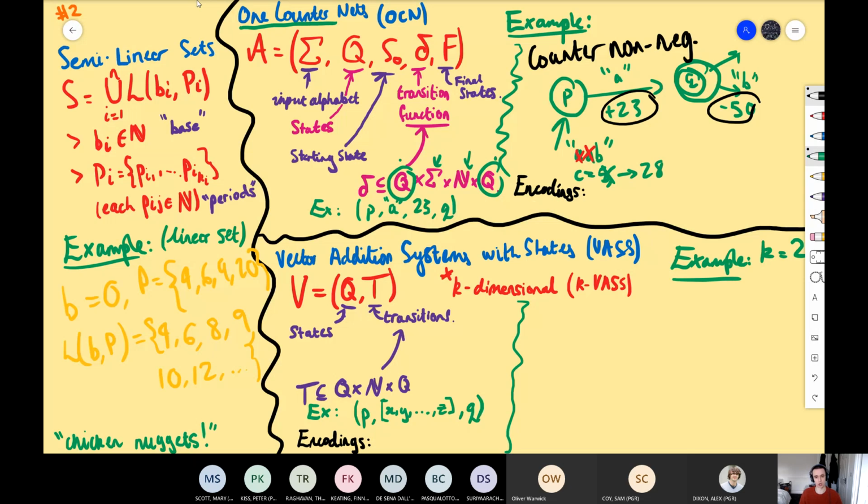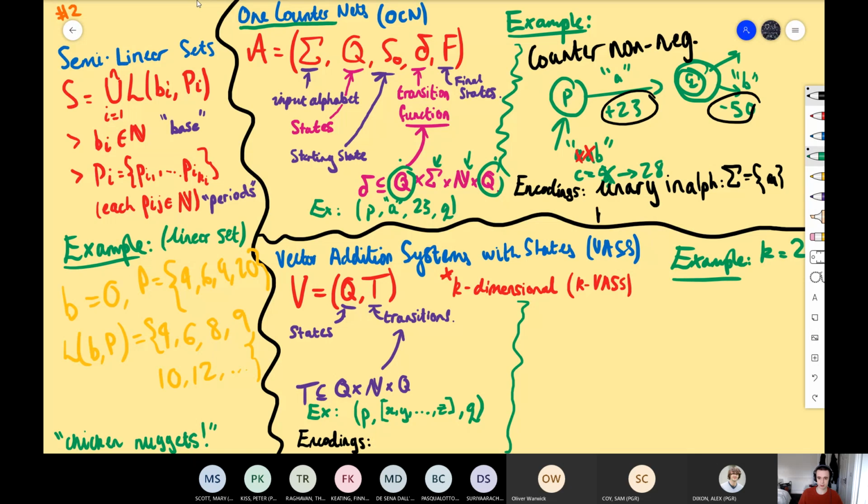And one last note on encodings, I'll talk about this briefly, but there are combinations of one counter nets that people like to study. You have unary input alphabet ones. That's sigma is just a single letter, just say A in this case.